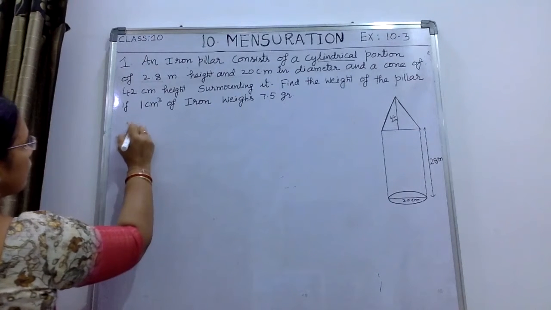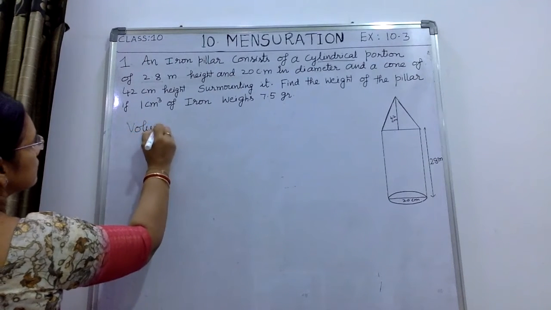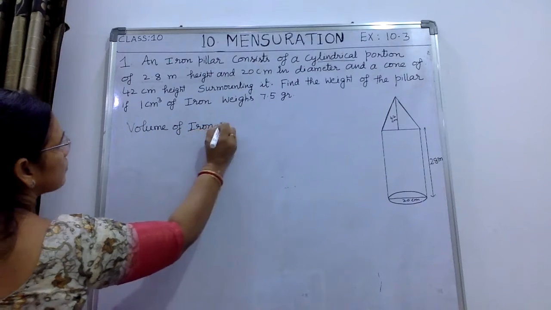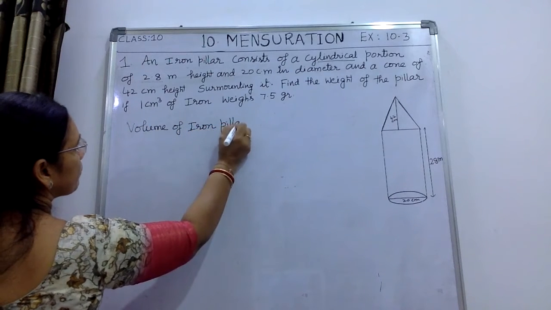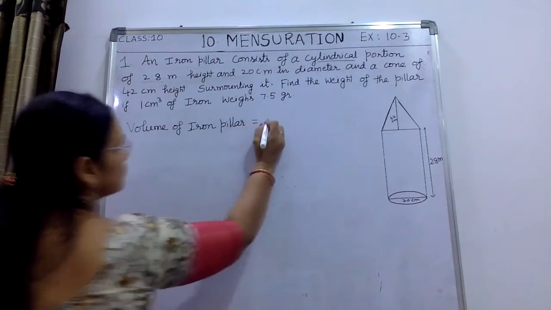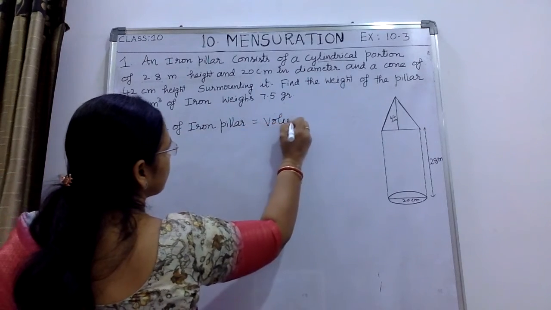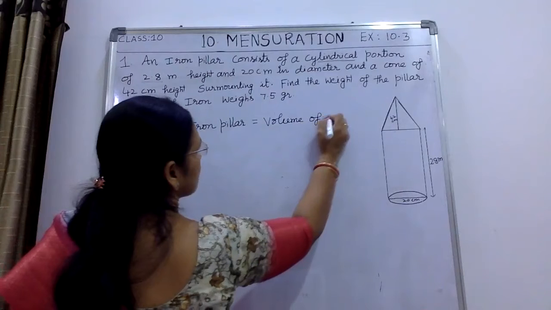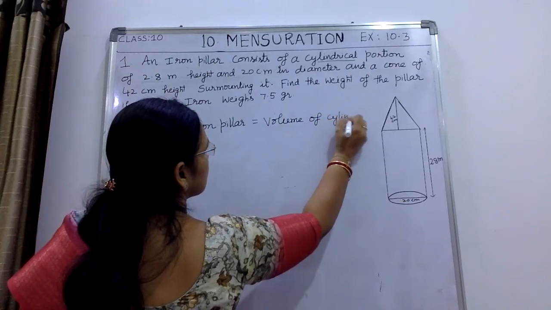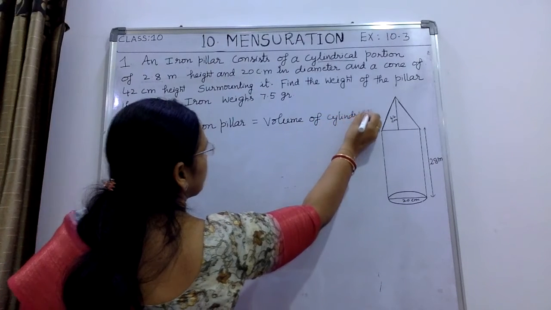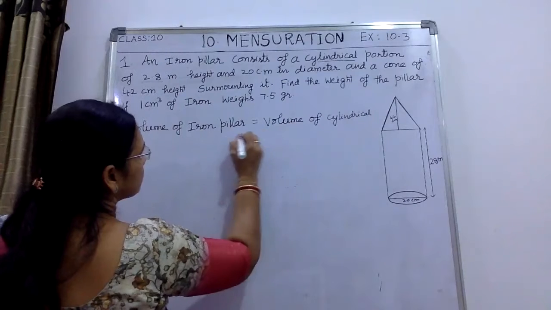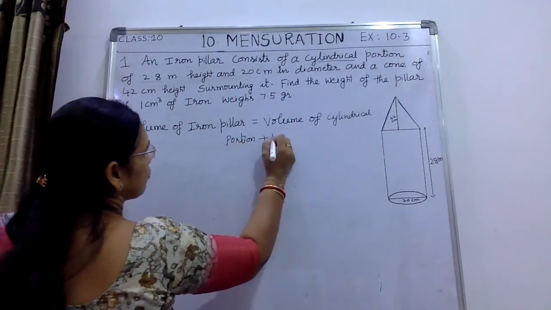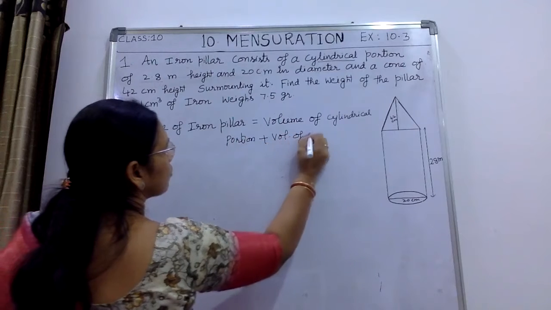So volume of iron pillar is equal to volume of, what is the first shape here? Cylindrical portion, plus volume of conical portion.